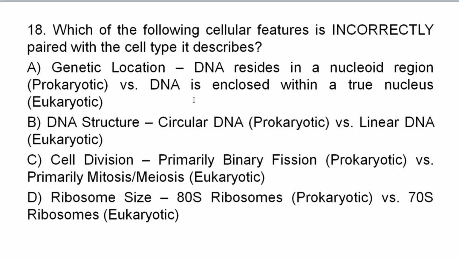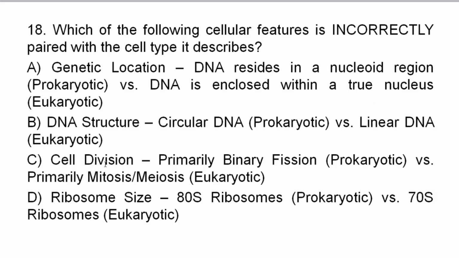Good. Question number 18. Which of the following cellular structures is incorrectly paired with the cell type it describes? A. Genetic location. DNA resides in a nucleoid region in prokaryotic organisms versus DNA enclosed within a true nucleus in eukaryotic organisms. Choice B, DNA structure, circular DNA in prokaryotic versus linear DNA in eukaryotic.